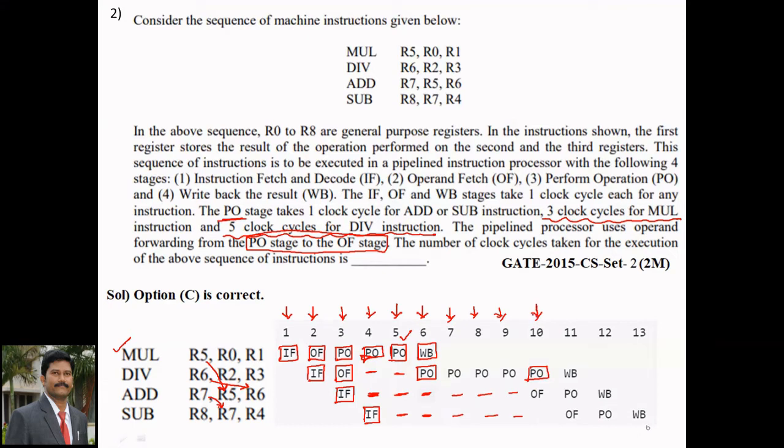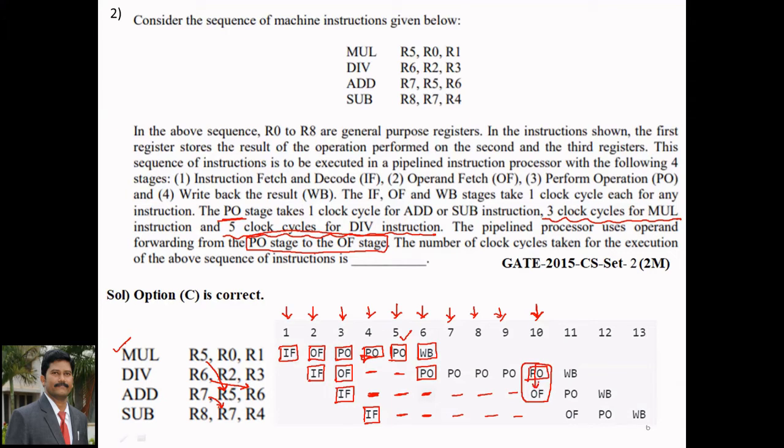At clock cycle 10, what is happening? Let us see. PO of our division instruction is completed here. Then no need to wait up to the 11th clock cycle, because the data forwarding concept is there. Directly the data is available.